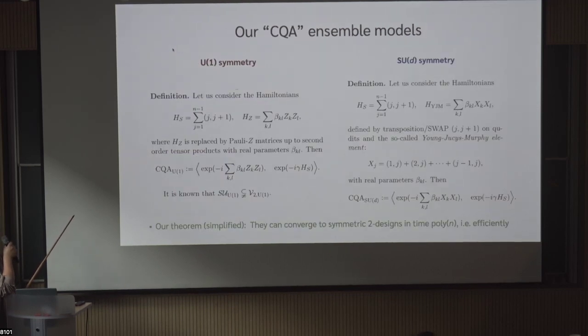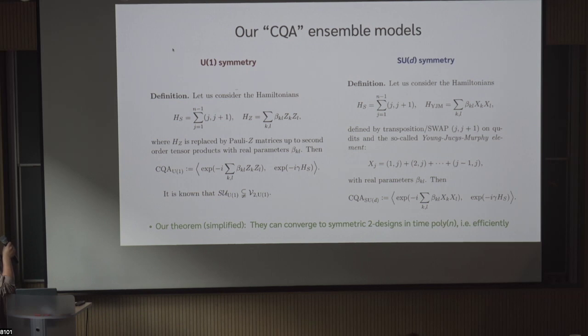Okay, then here is our proposed solution. Let's not worry too much about this CQA name. It has some representation theory background, but here it's just the ensemble definition for the U1 and SU(d) cases respectively.